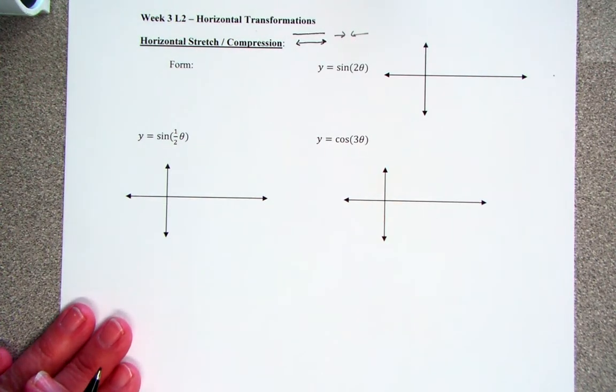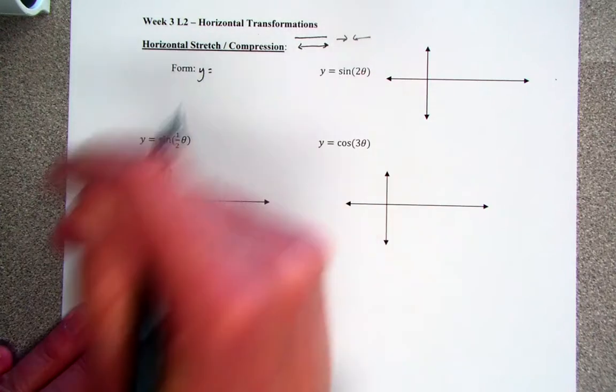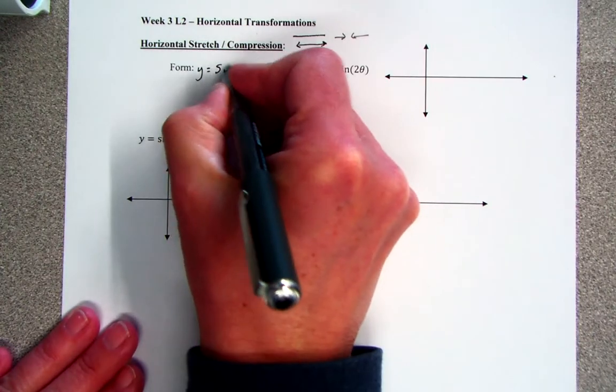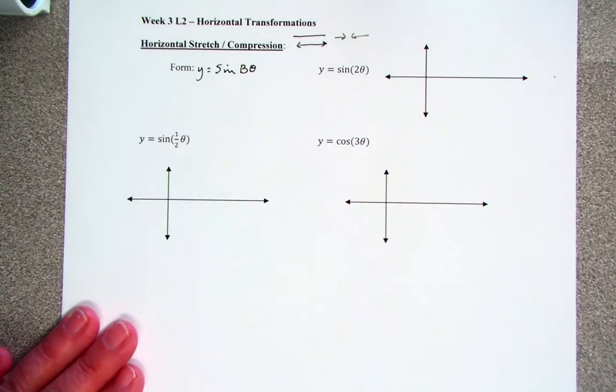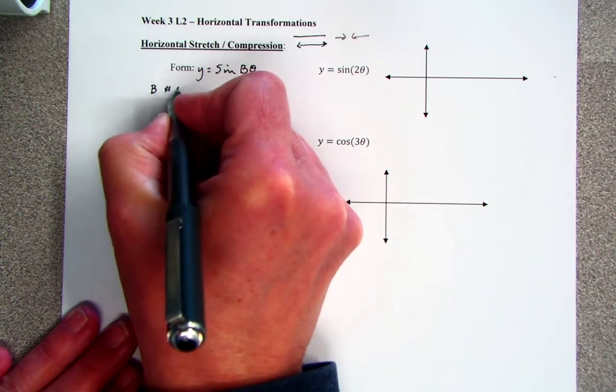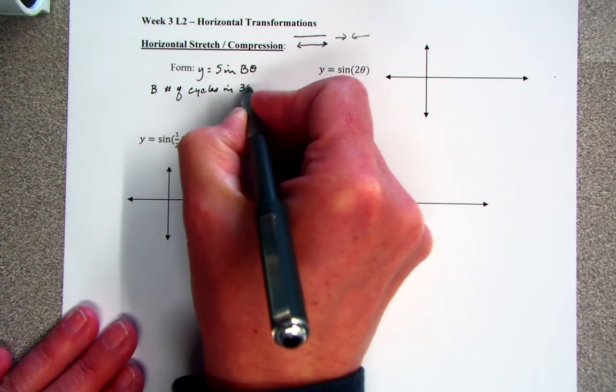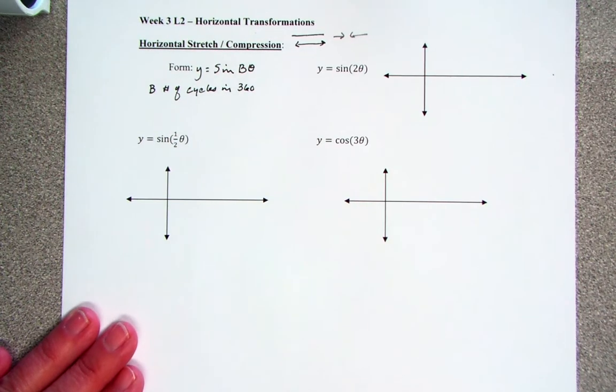And so the form for this, we're going to use the letter B because that's most common, and B is found within that angle. And what that B says is that I'm going to have B number of cycles in 360 because that's what sine normally cycles in, so I'm going to have B number of them in 360.